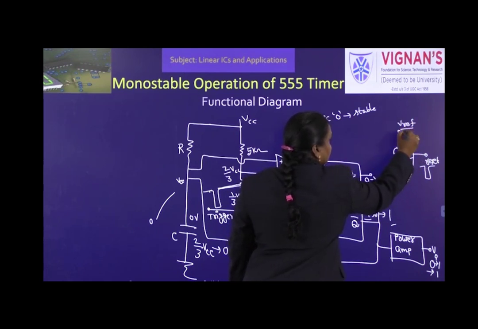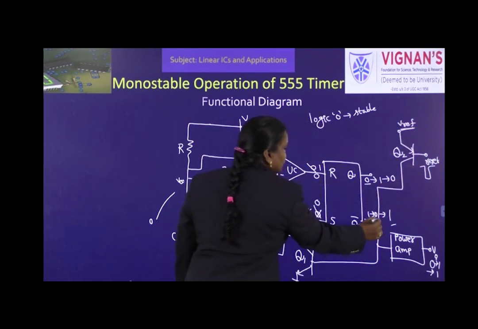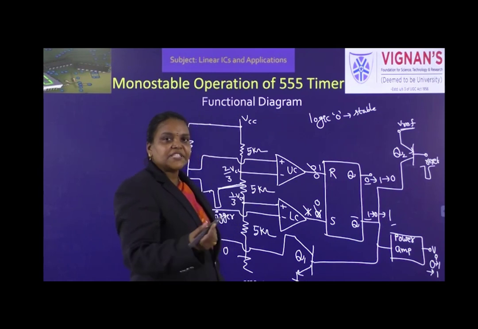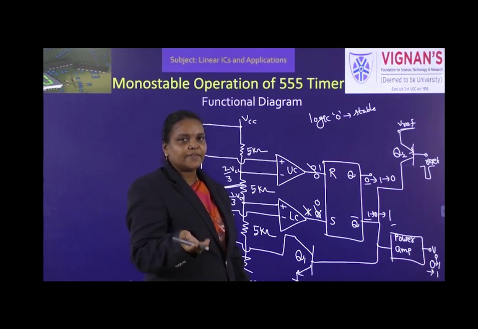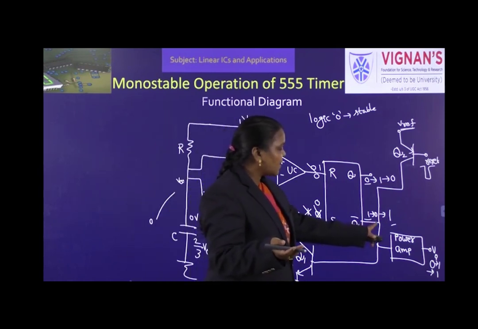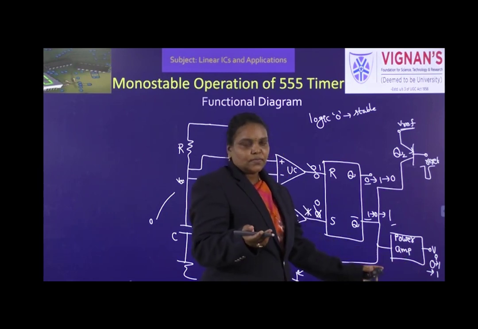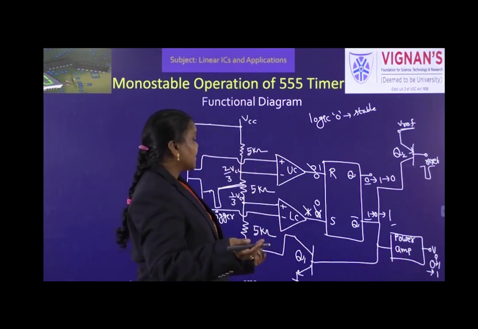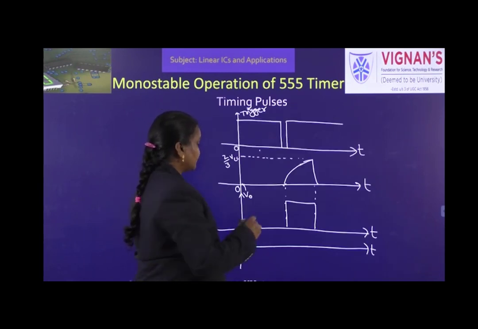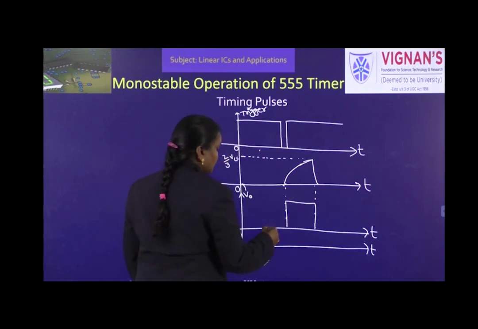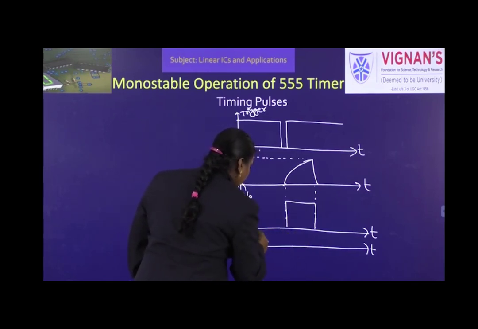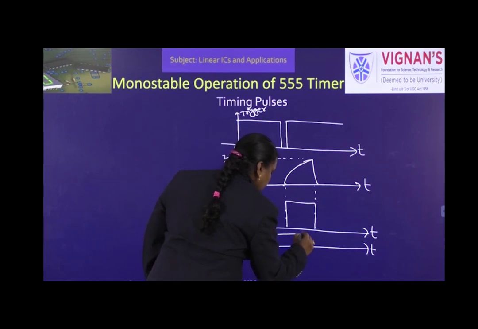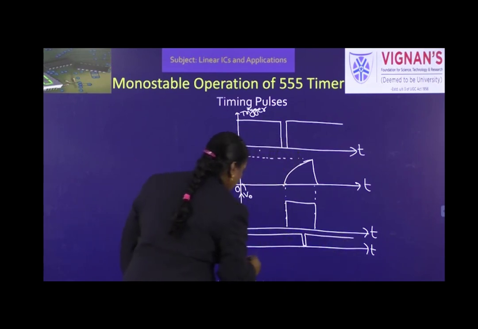This reference voltage will be directly connected to this Q bar. So reference means usually a positive voltage, high voltage. So Q bar is at 1 means output will be 0. Okay. So output will automatically become 0. Suppose here I am giving a reset signal. Then what happens?